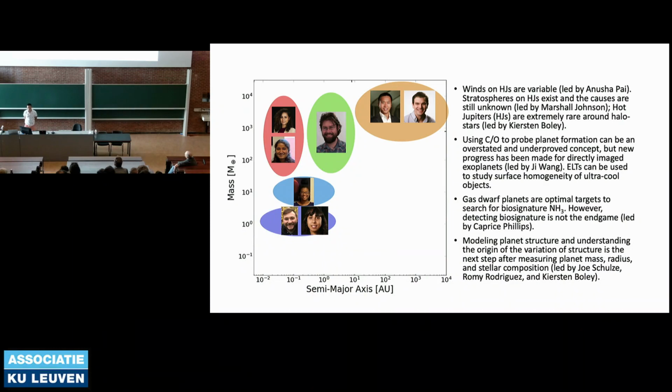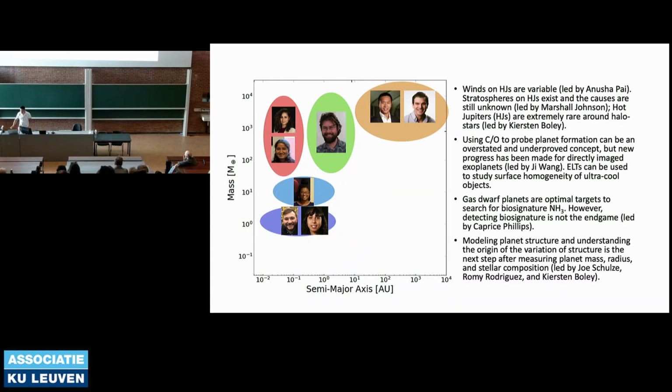We're trying to build the modeling framework to understand their interior structures, and also to understand how observables such as radius and mass could be used to model the interior structure in order to understand the presence of the core, and also how that interacts with the mantle to understand the necessary conditions for a habitable planet.